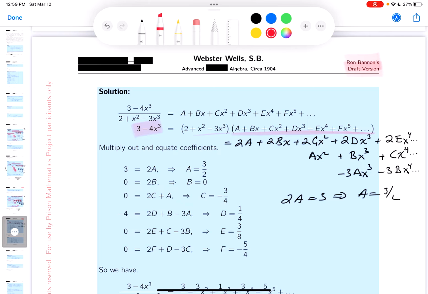Let me outline that for you. That's written over here. I'm going to now erase this and move on to the next guy. Should be relatively simple to do, by the way. 2bx, there is no x in the problem, so 2b has to equal 0. So what's b? b is 0.